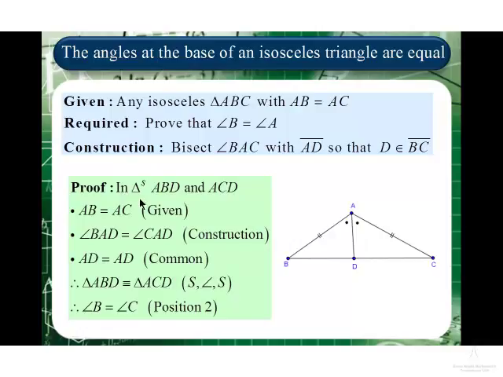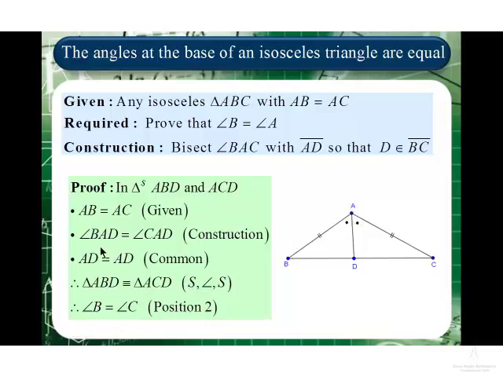Well, we consider two new triangles, namely ABD and ACD. Can you see ABD and ACD in that particular order of the vertices? In these triangles, the length of the side AB is the same as the length of the side AC.